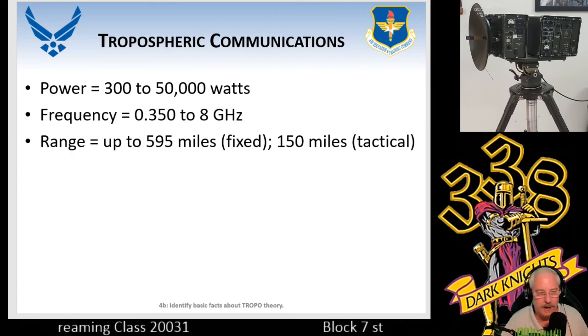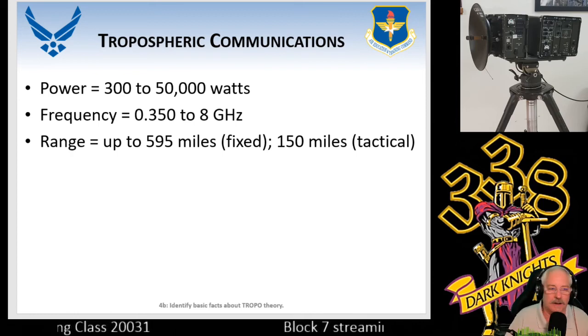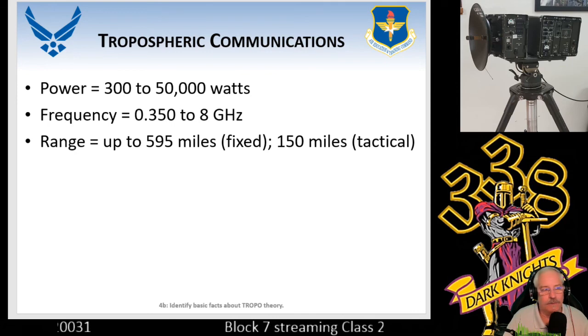Now, if you're dealing with tactical, like those rabbit ears we showed you earlier, that's a tactical thing, maybe 150 miles, and you're probably dealing with maximum 300, maybe 500 watts. The last thing you want is you do not want to become a target. What does it mean by that?